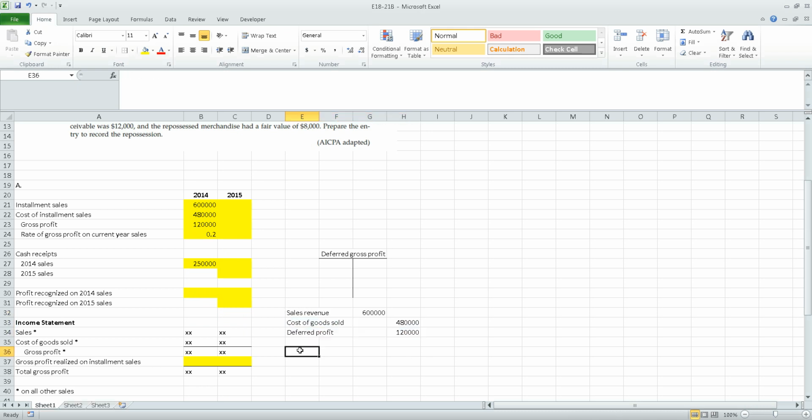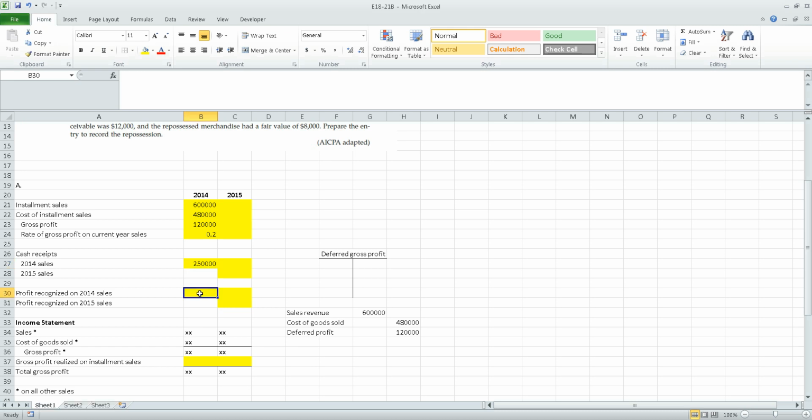The second one is to transfer out of this deferred profit account to an income statement account called gross profit realized on installment sales, the amount of profit that we should recognize given the amount of cash that we collected. So this year we collected $250,000 out of the $600,000.